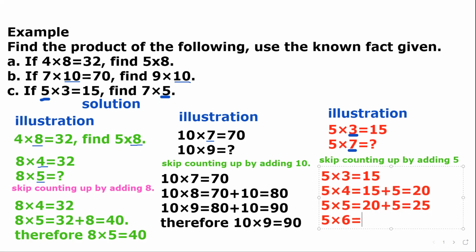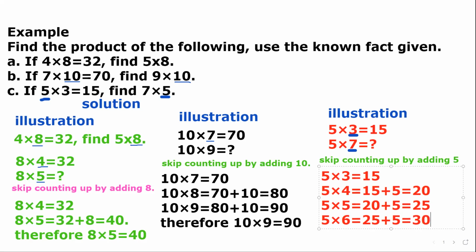Then equal to, you pick the previous answer, which is the 25, plus the 5 that you said we should add. And 25 plus 5 is 30.